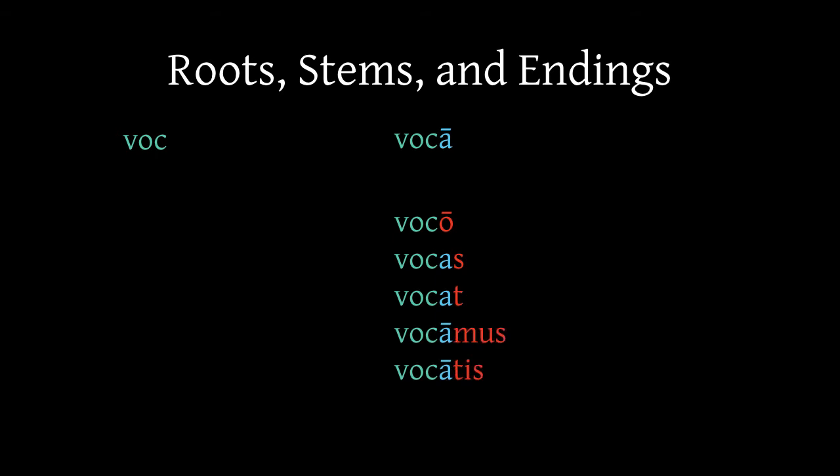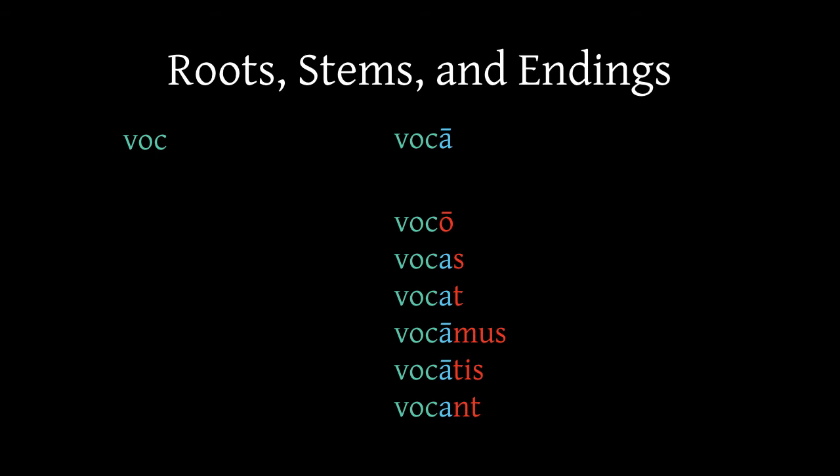This is a Latin root that generally has something to do with to call or to summon something or somebody. So that's the root. When we add the stem a, the long a, to the root voc, we get the stem of the verb vocare, to call, and we get voco, vocas, vocat, vocamus, vocatis, and vocant.